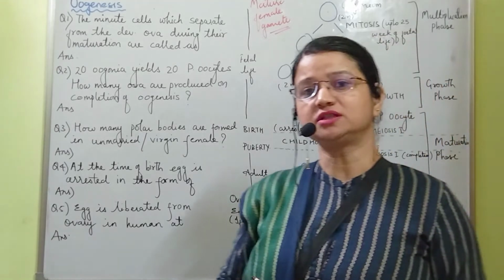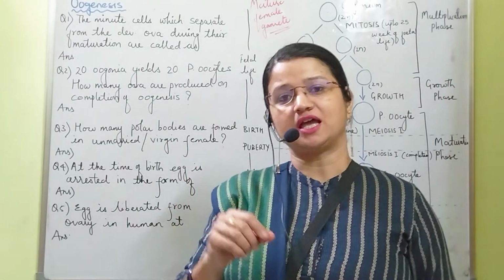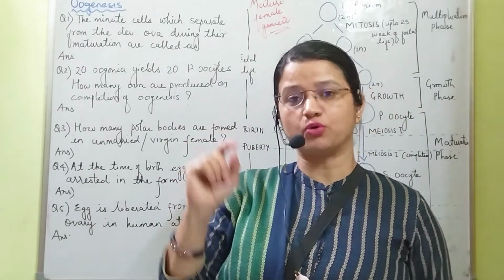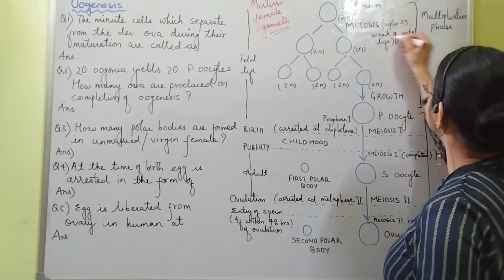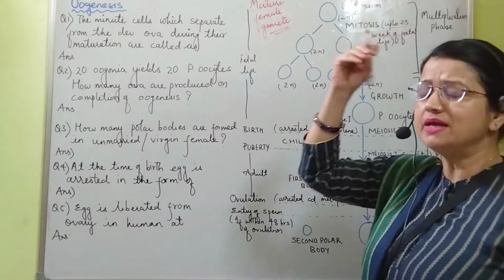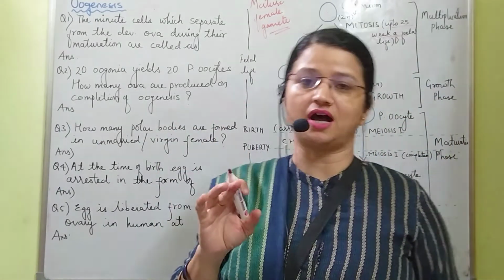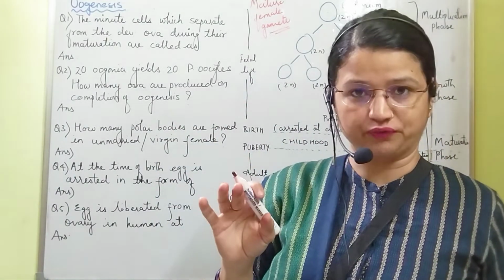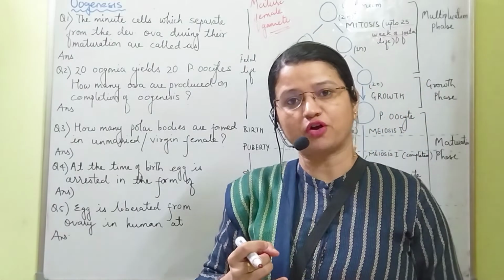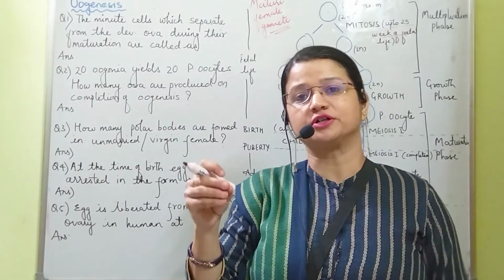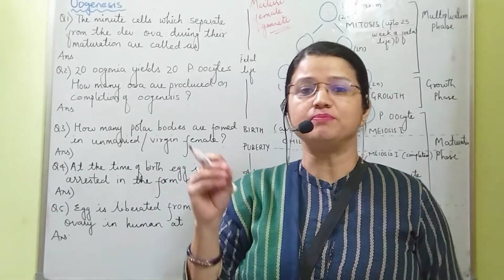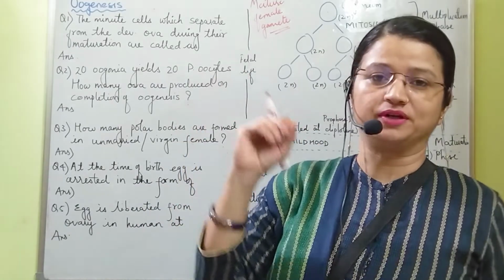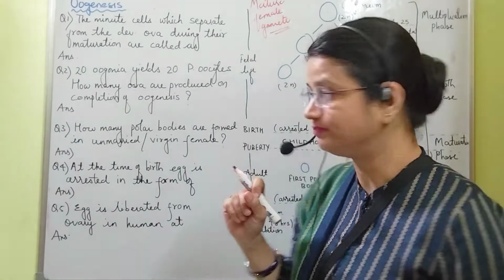Now what happens when the female fetus is about 25 weeks old? Millions of oogonia are produced in its ovary. There will be continuous mitotic division, and as a result there will be millions of oogonia in the fetal ovary.